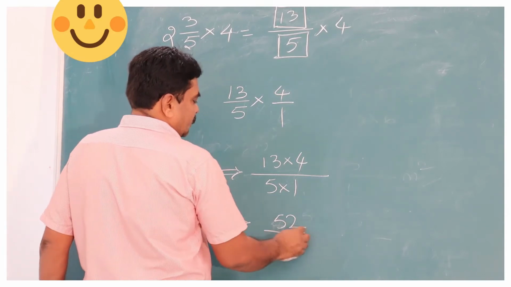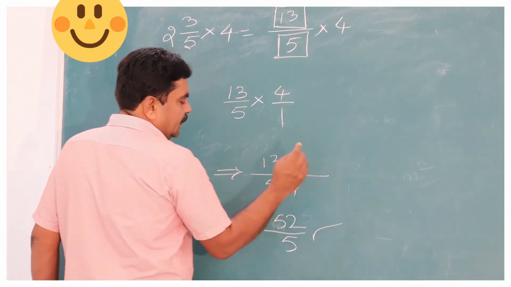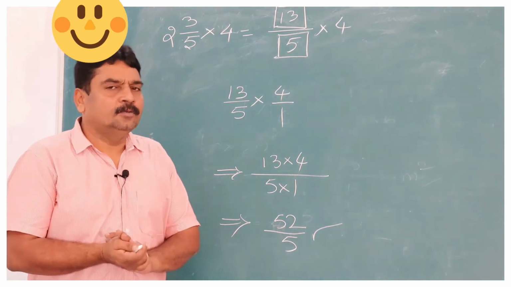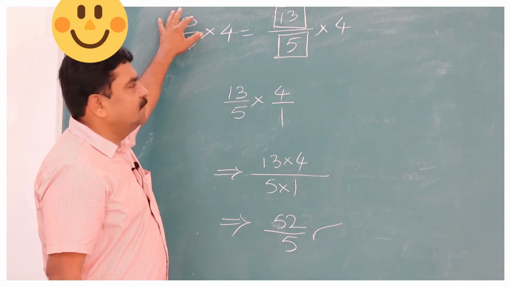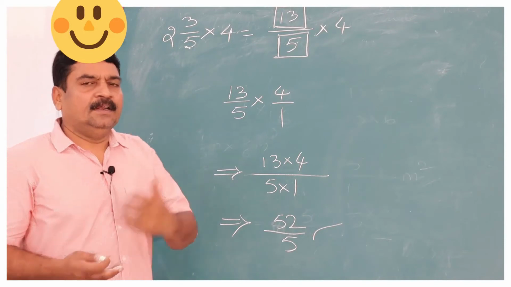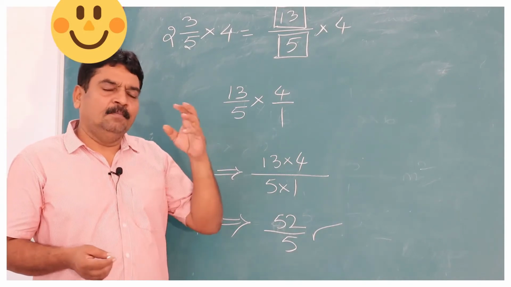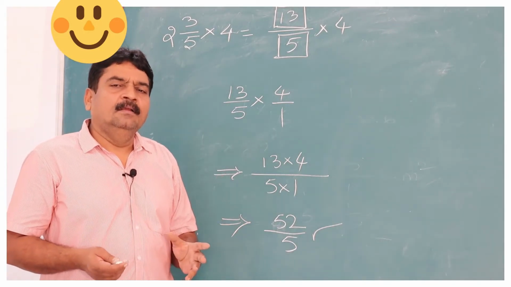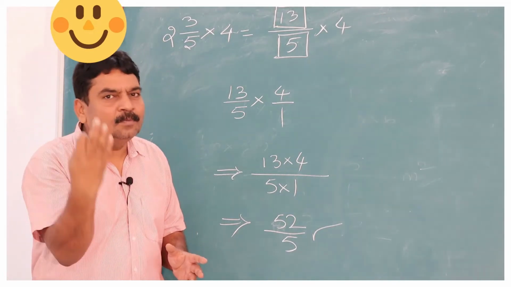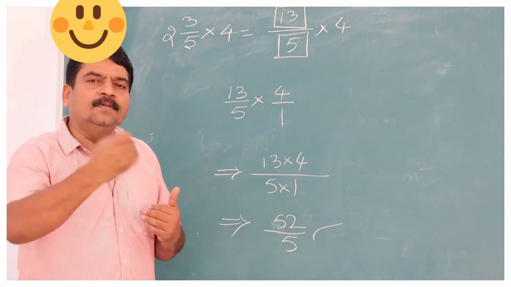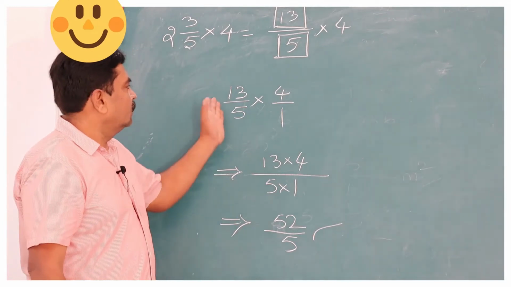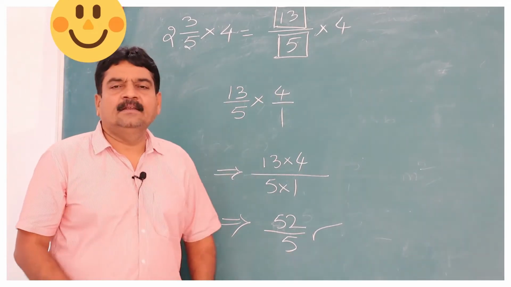So 52 by 5 is your answer. In that way we are going to do it. Whenever you get a mixed fraction, you first convert that mixed fraction into an improper fraction and then multiply. If you are multiplying with a whole number, the whole number always refers to the numerator value. That is why you go with taking 1 as the denominator. So simplify in this way and you get the answer.